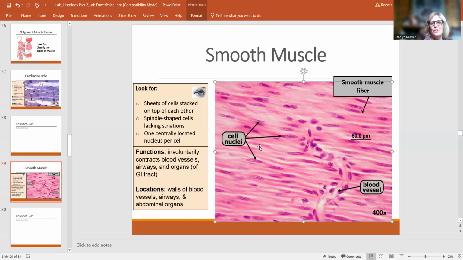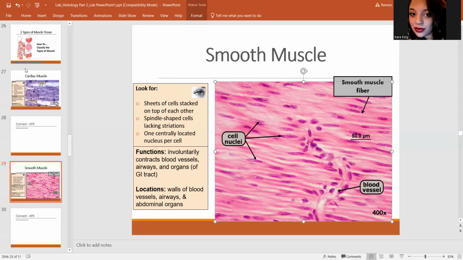I've learned, just from looking at a bunch of them, that the smooth muscle is more sort of tapered at the ends. It's what's called spindle shaped, and they have one big nucleus in each cell. So it becomes a little more apparent, but I used to get those confused all the time.